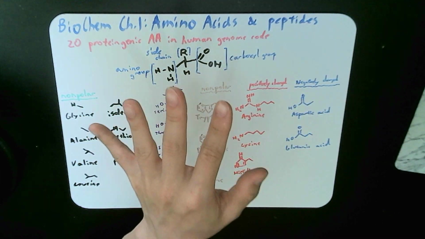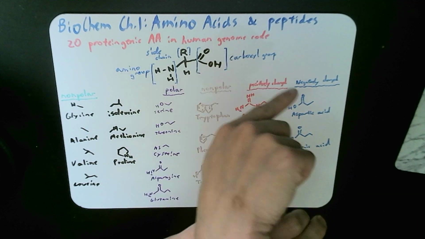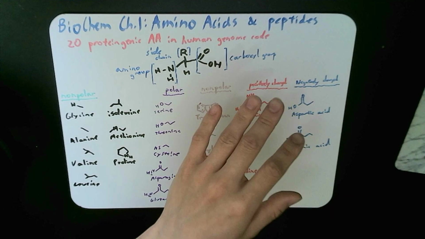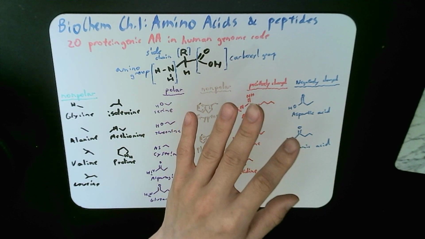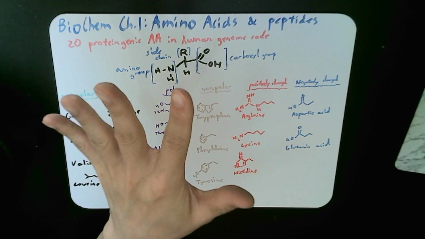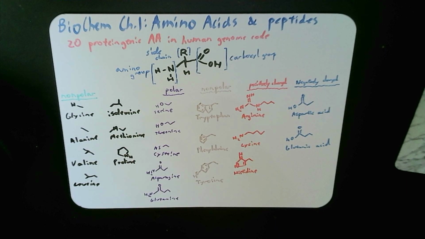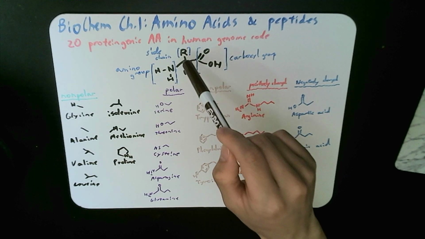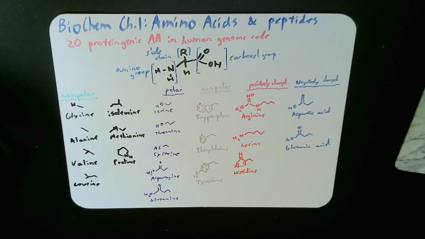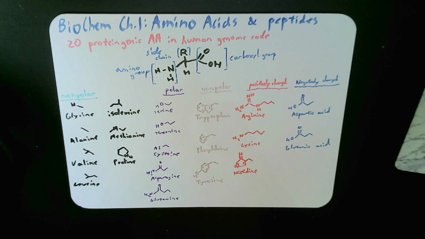So there's chirality to it. That means all of these have a specific turning when exposed to polarized light and spin in only one general direction. So your left hand is unique to your right hand. Glycine is the only exception because there's two H atoms bonded to the central carbon, so there's no right hand or left hand to it. It's basically on the same orientation no matter what.